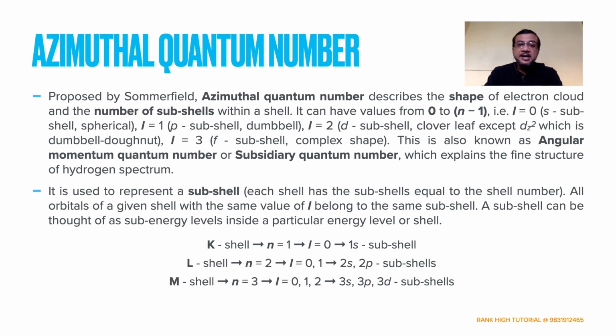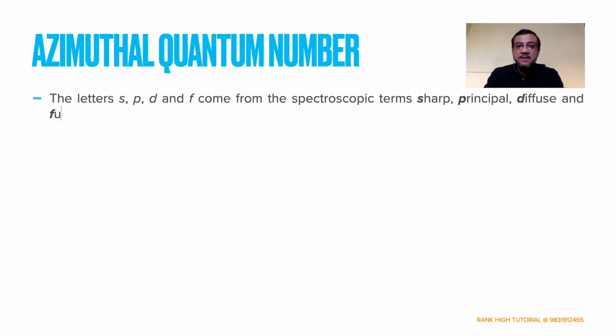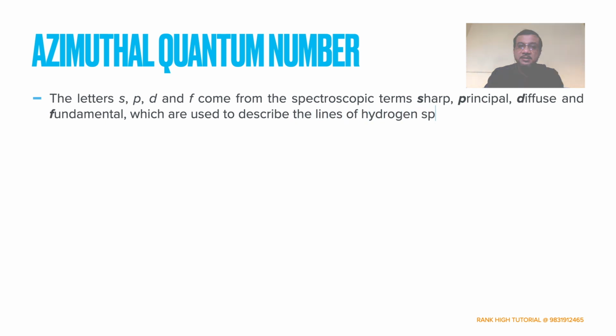For the N cell, n equal to 4, that is L equal to 0, 1, 2, 3, which represent 4s, 4p, 4d and 4f subcells. The letters s, p, d and f come from the spectroscopic terms sharp, principal, diffuse and fundamental, which are used to describe the lines of hydrogen spectra.